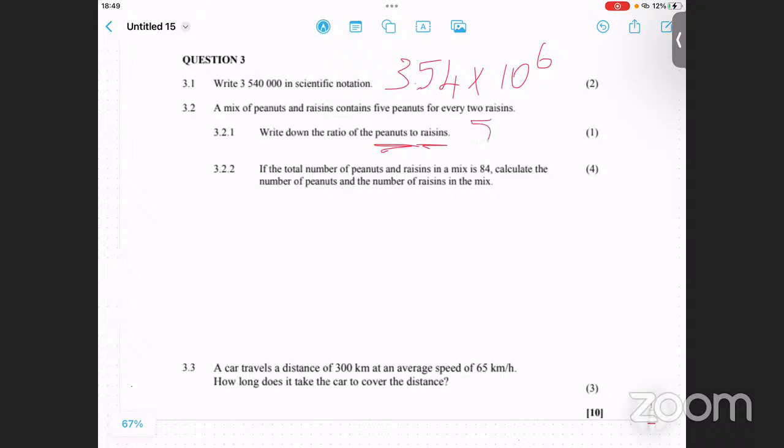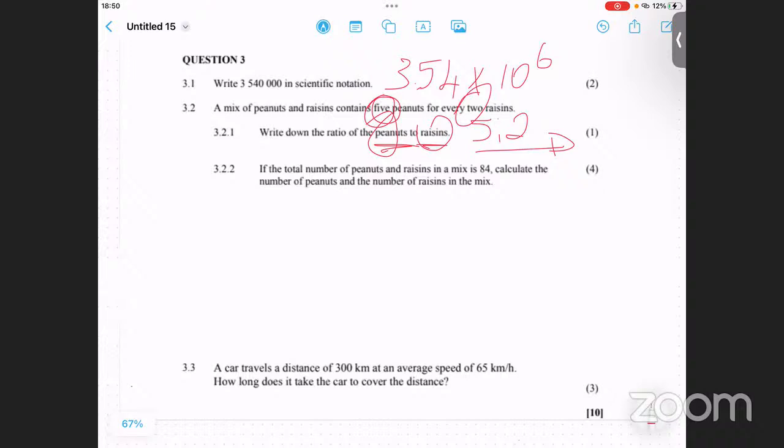Okay, so you say the answer is going to be 5 is to 2. And yes, this is absolutely correct because you started with peanuts, which is 5, and then followed by the raisins, which is 2. So your answer is correct.